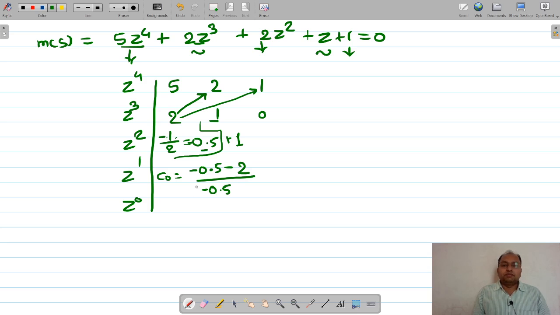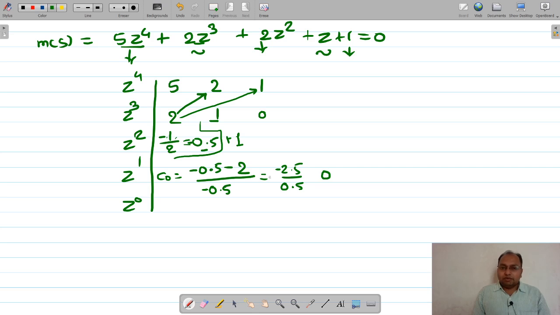The numerator is resulting as minus 2.5 divided by minus 0.5. The next values are going to become 0, so C1 is going to become 0.